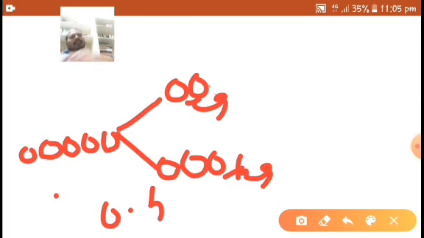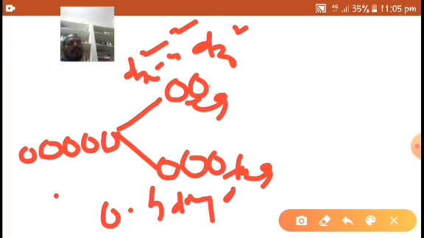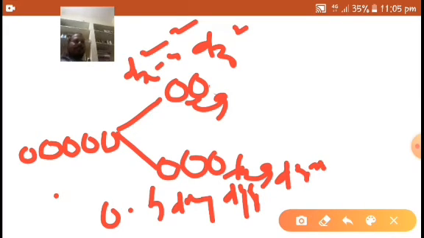So what are the Eg orbitals? dx square minus y square and dz square, right? What are the T2g orbitals? dxy, dyz and dzx.